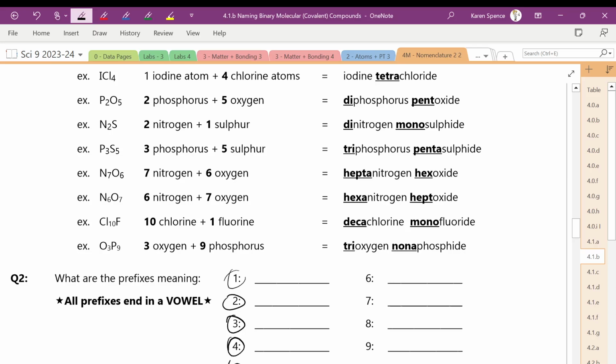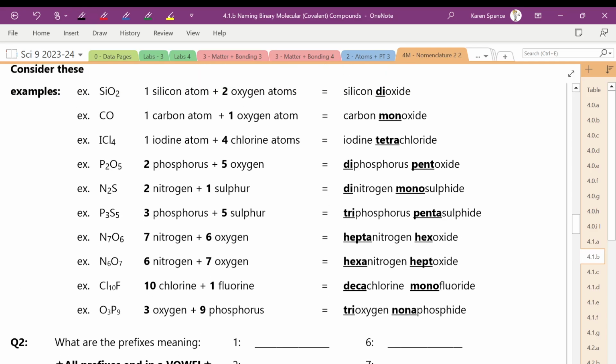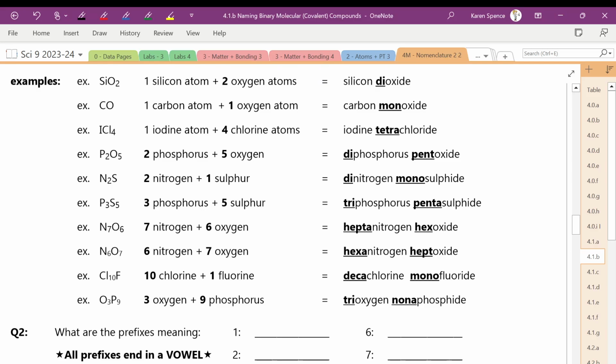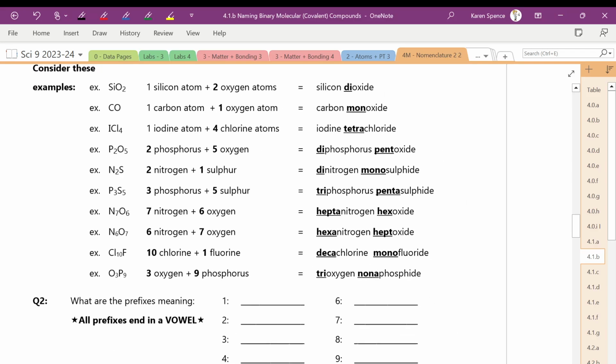See if you can figure them out from looking at the examples, or if you already know them. 8 is also right. Octa. Did I leave out 8? I think I left out 8. I don't think I have an 8 there. So I'll put in 8 as octa because I don't have one up there.